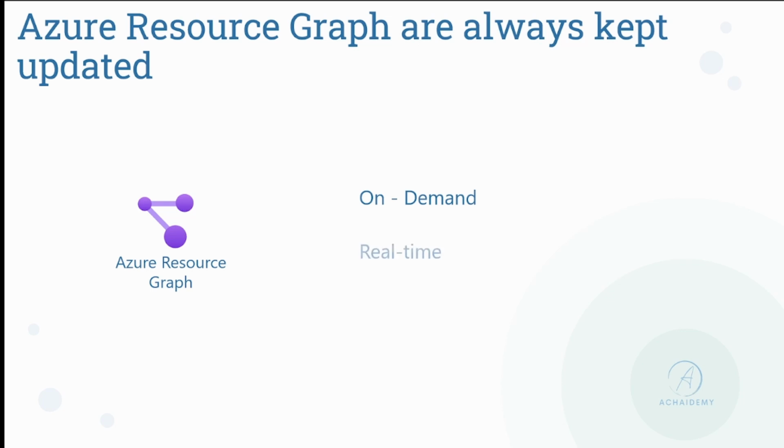And there is also a real-time event which is triggered, and on change of some set of properties, the Resource Graph is updated, which means anytime you run your query, you can be confident of getting the latest set of resources and the details of the infrastructure without having to worry about not having the right data. So now let's quickly look at how Azure Resource Graph works and write a sample query to understand the same.